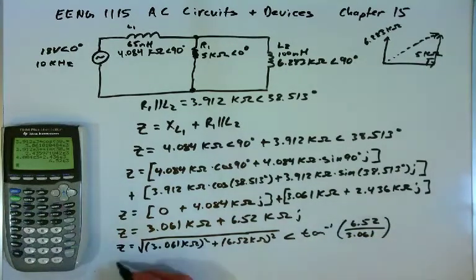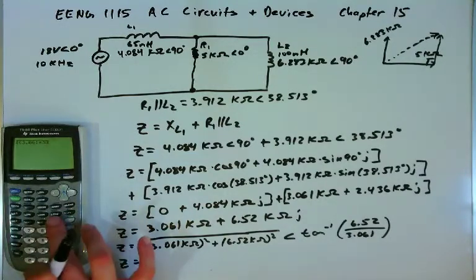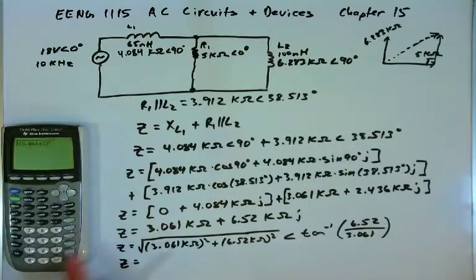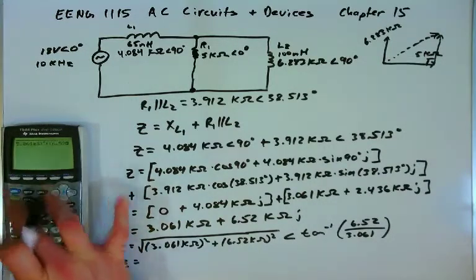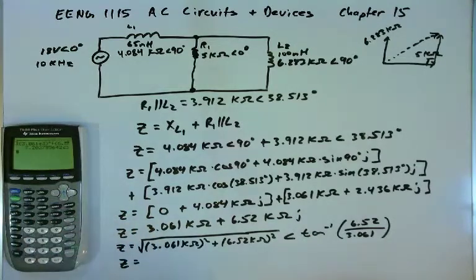The kilo ohms cancel. And our total impedance will be the square root of (3.061 kilo) squared plus (6.52 kilo) squared. The magnitude will be 7.203.